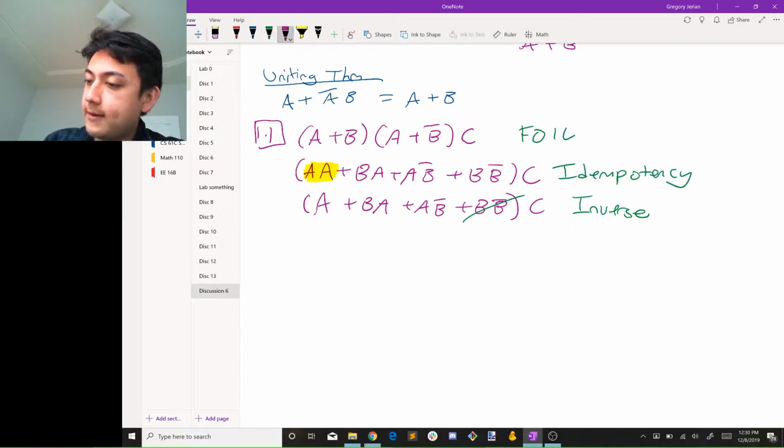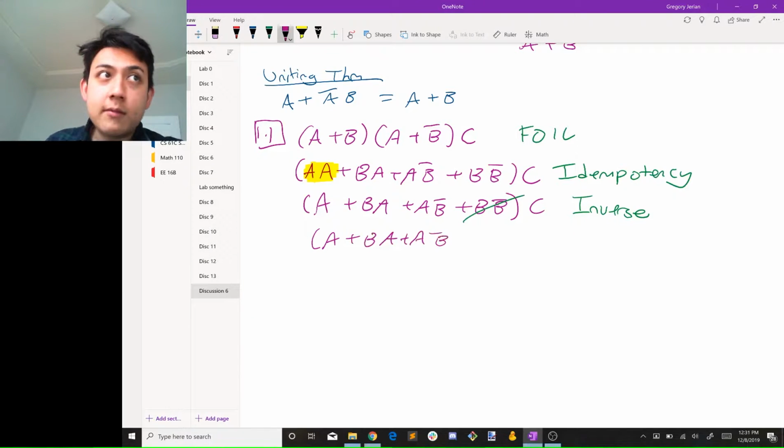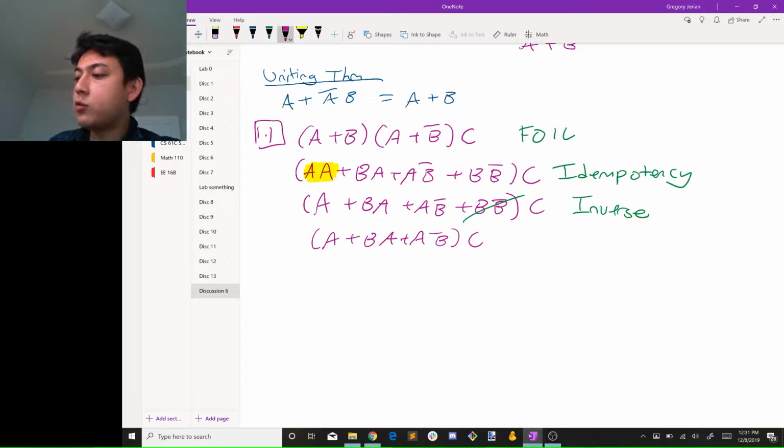Okay. So now we have A or B and A, or A and not B and C. And now one thing we can do is factor out the A, right? This is the distributive property backwards, it's factoring.